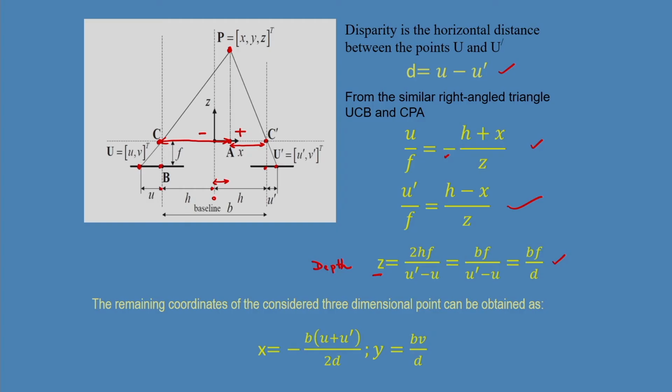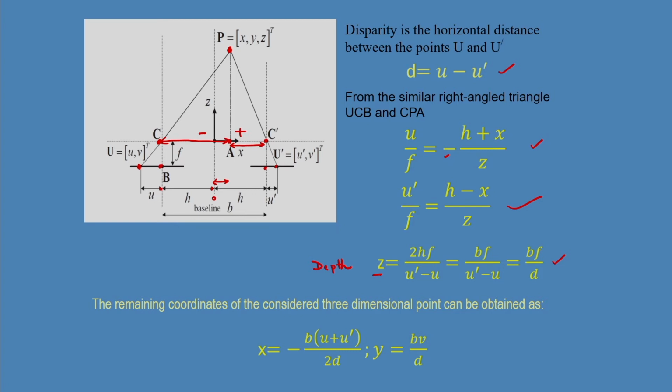Suppose an object is very close to the camera, then the disparity will be more, and corresponding to this the depth will be less. So the disparity is nothing but the horizontal displacement of the matching points in the two images.